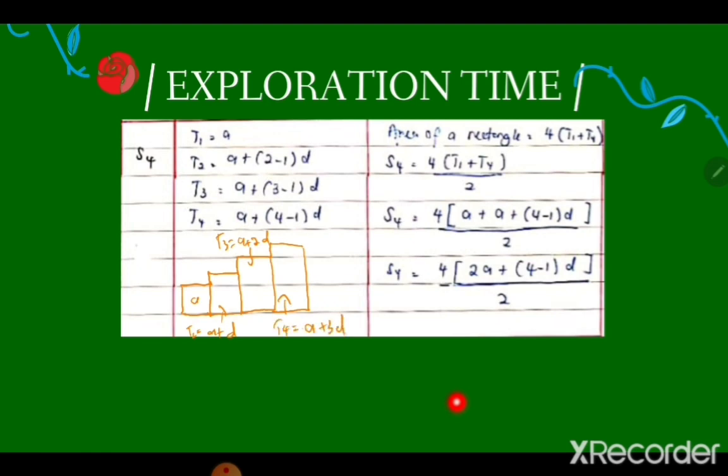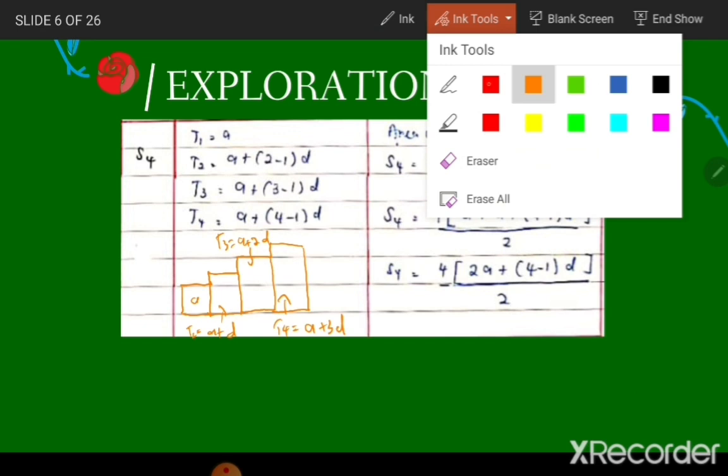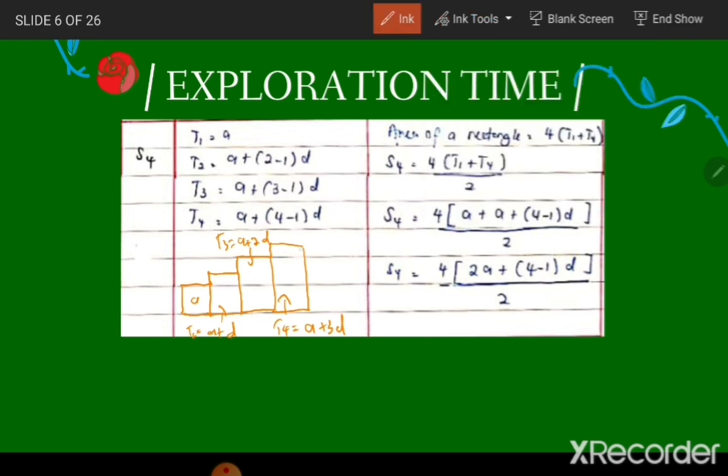a plus 3d. Again, when we want to produce what we call a rectangle, so basically we are talking about this one. The biggest one must add up to the smallest one.